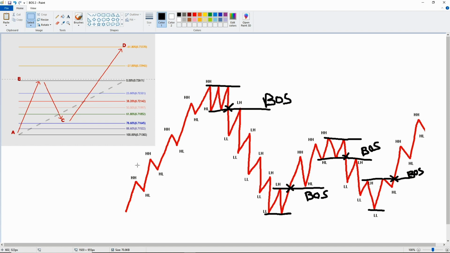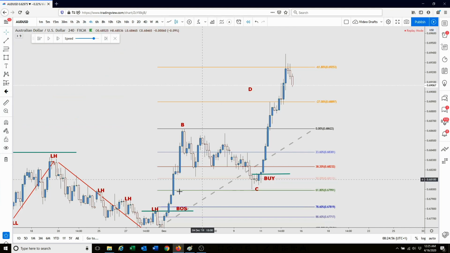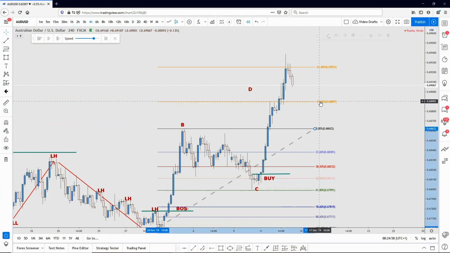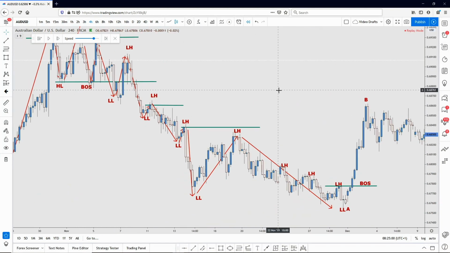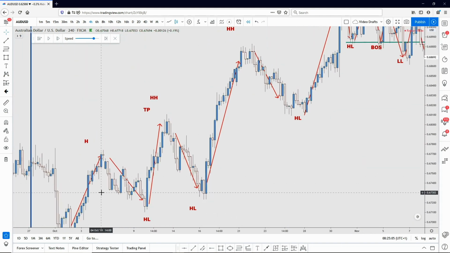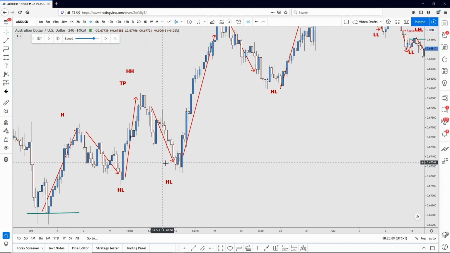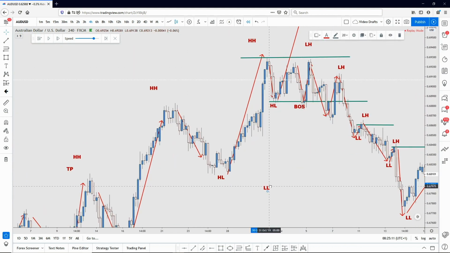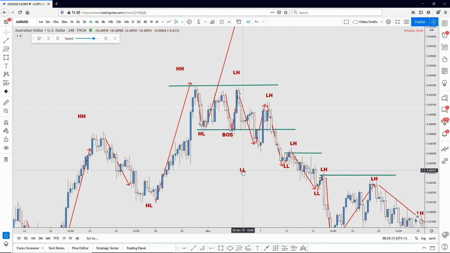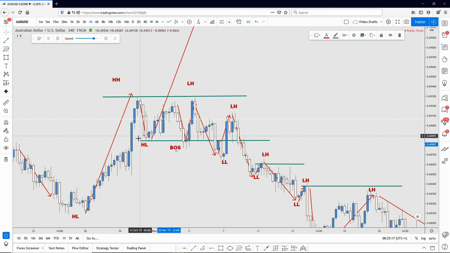We're in a downtrend. So the whole point of this training is to be able to identify when there's an uptrend, be able to label the higher highs, higher lows, higher highs, higher lows, to be able to identify when this previous higher low is broken.